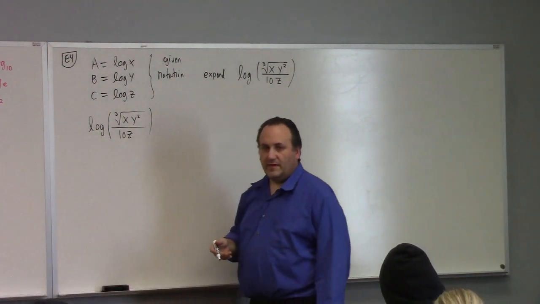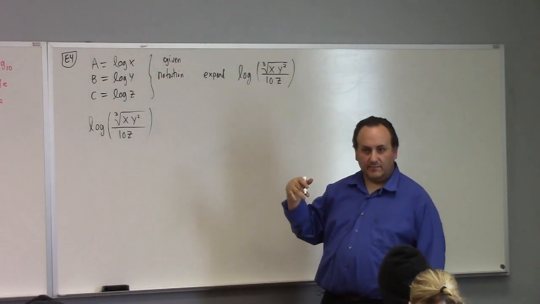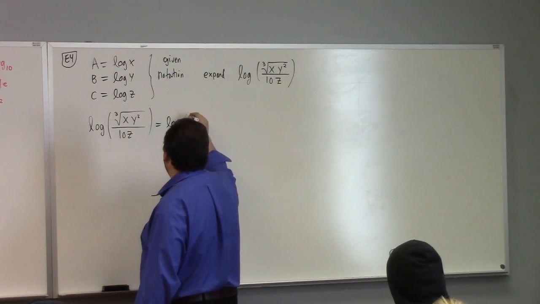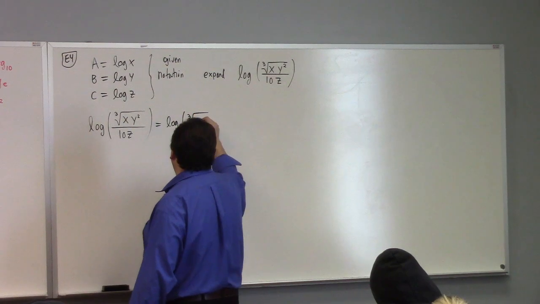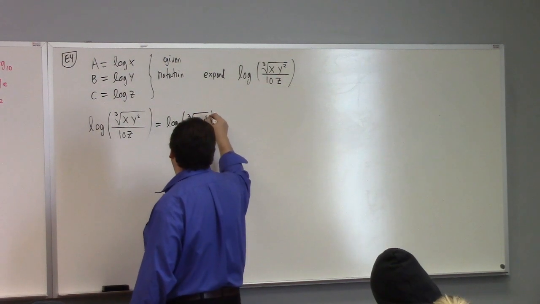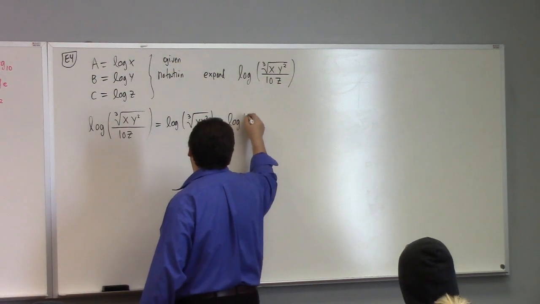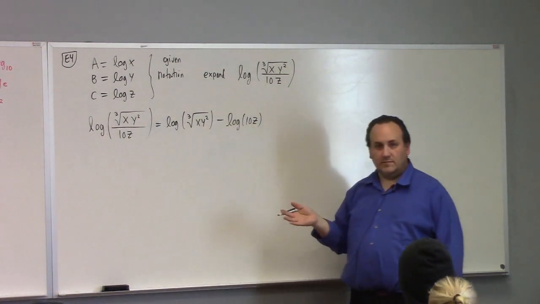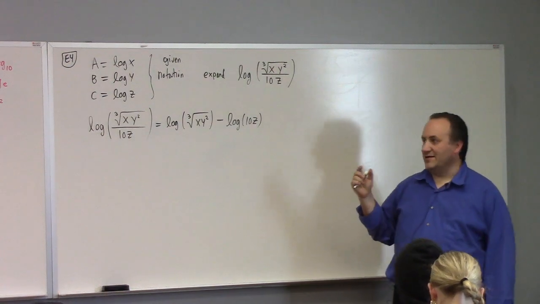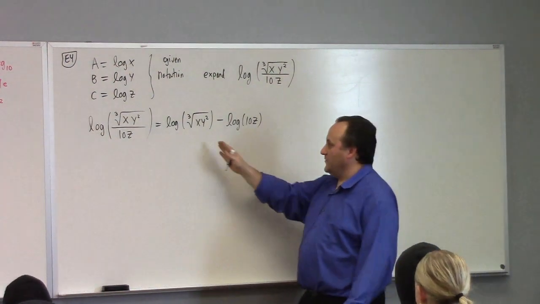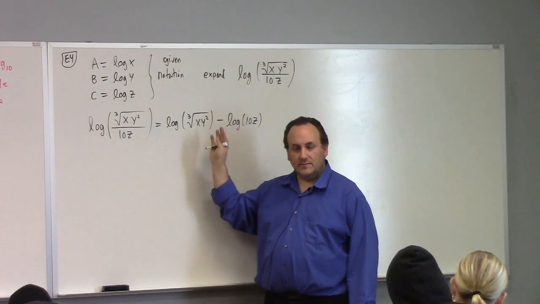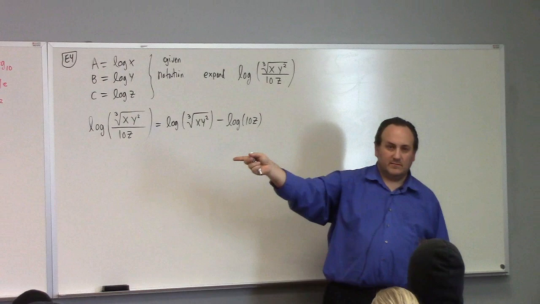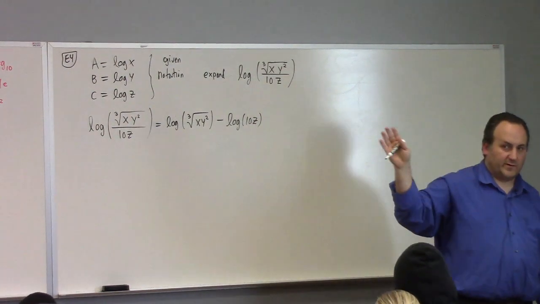Let's start out by using the division property for the log, which says that this is really the log of the cube root of xy squared minus the log of 10z. You guys with me? I'm saying that the cube root is like the u in my formula over there, and the 10z is like the w in the formula on the far board. All right?